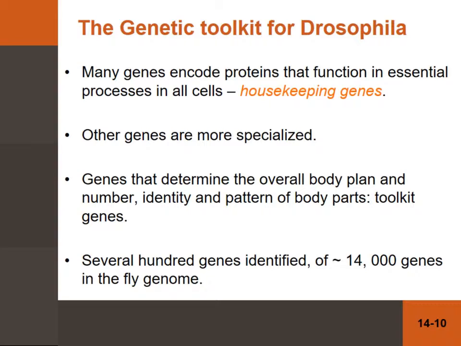Here they were interested in a different set of genes that determine the overall body plan, and also the number, identity, and pattern of body parts. These genes were referred to as toolkit genes. Several hundred of these toolkit genes have been identified so far out of a total of about 14,000 genes in the fly genome.